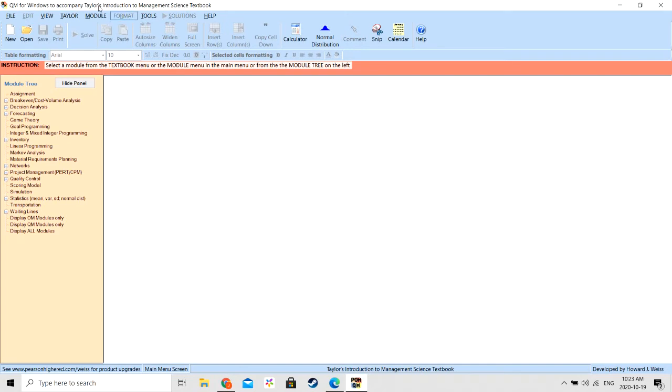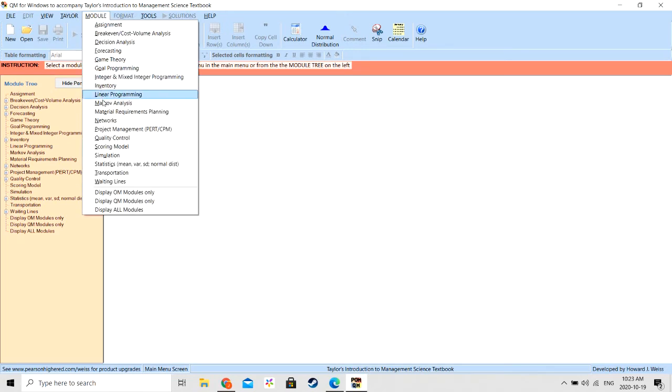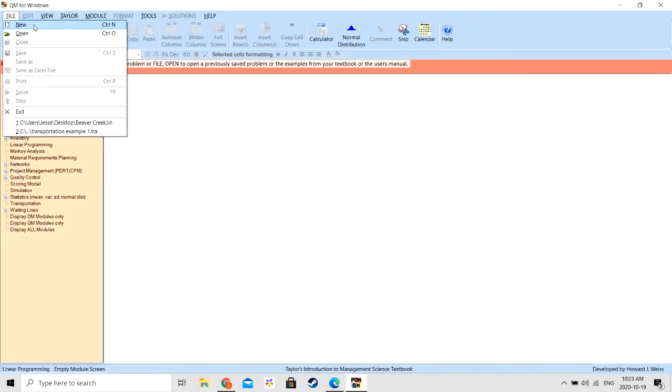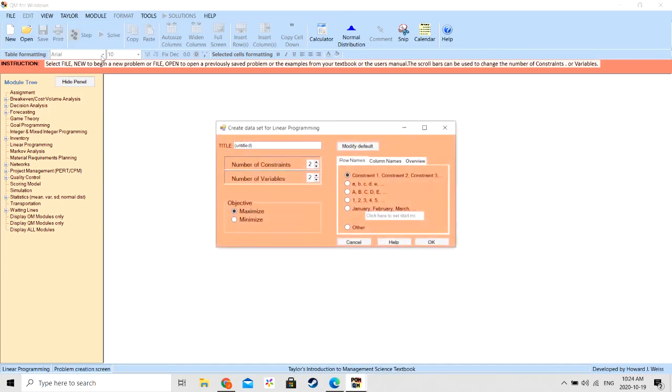As always, we click on Module, down to Linear Programming, and we're going to launch a new problem. We'll call it our diet example. Let's keep things simple. As I mentioned, we have 7 actual constraints, and we'll name all of those later.